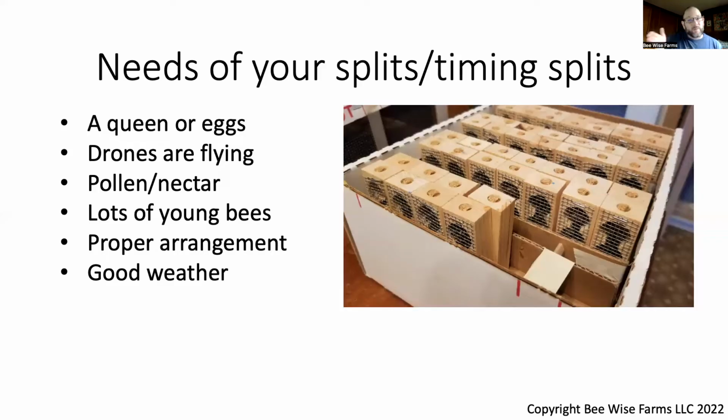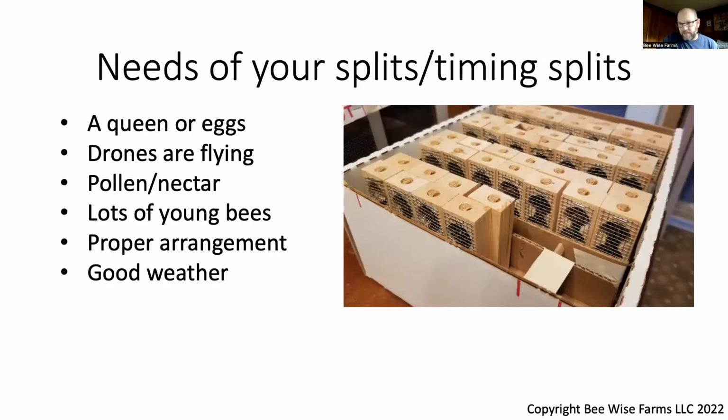So if you're taking a really early season split and the flying weather's not good, the drone populations are low, you can have a failed queen from being raised because the conditions and the timing is not right as far as drone population. So you have to observe what's going on in the colonies in your yard to determine, do I even have drones in the landscape? And if there's drones in your colonies, you've got drones in the landscape.